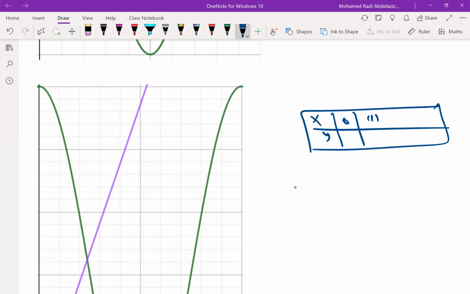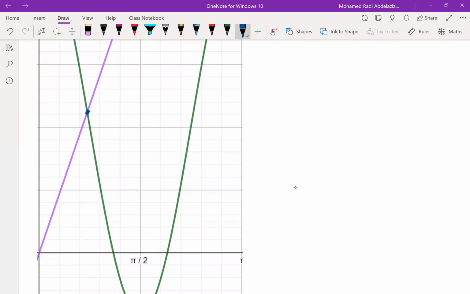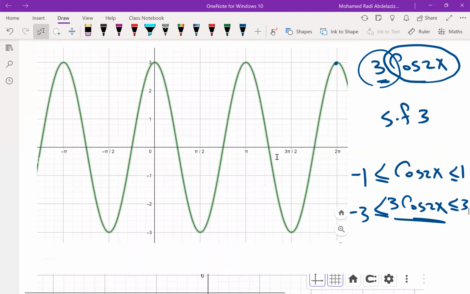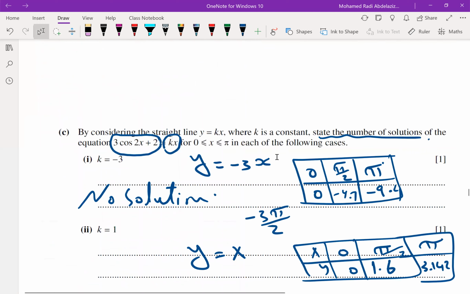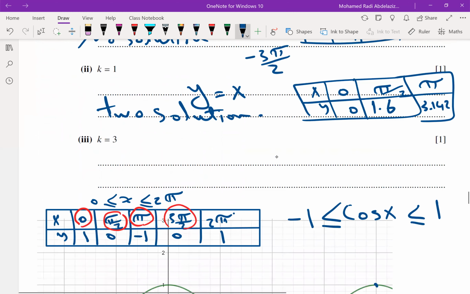Substitute by 0, pi over 2, and pi, plot the points, draw the curve, draw the line. It cuts the curve from 0 to pi at only 1 point, so there is only 1 solution. So this case, there are 2 solutions, and this case, only 1 solution.